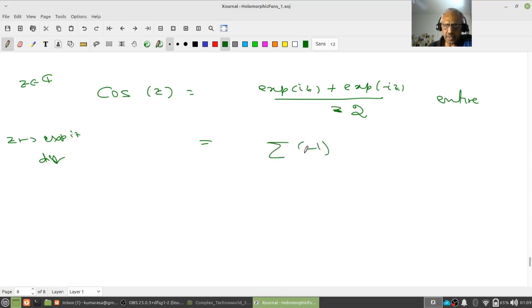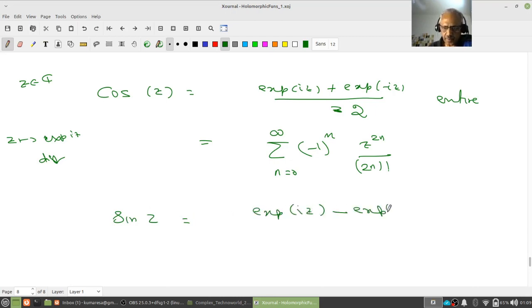This will have a formula, if I remember right, minus 1 to the power n z to the power 2n by 2n factorial, n running from 0 to infinity. And similarly sin z is defined, that is exponential of iz minus exponential of minus iz by 2i.